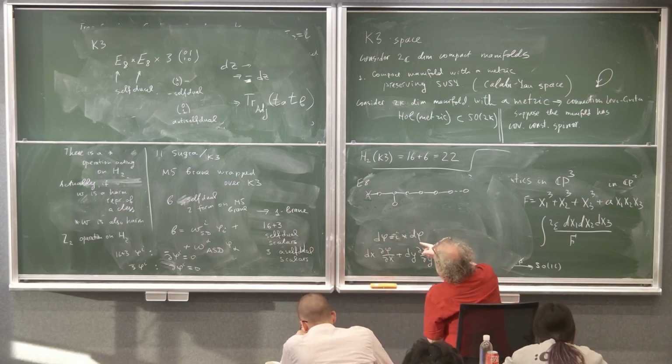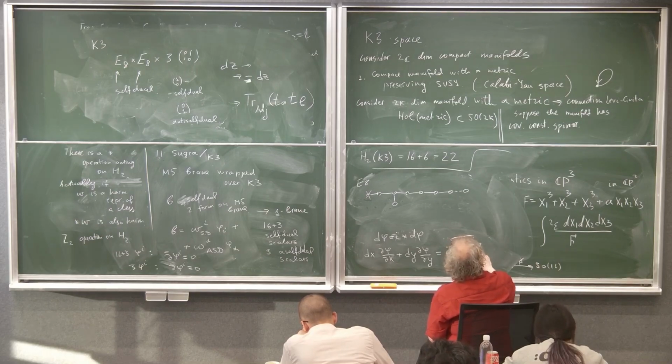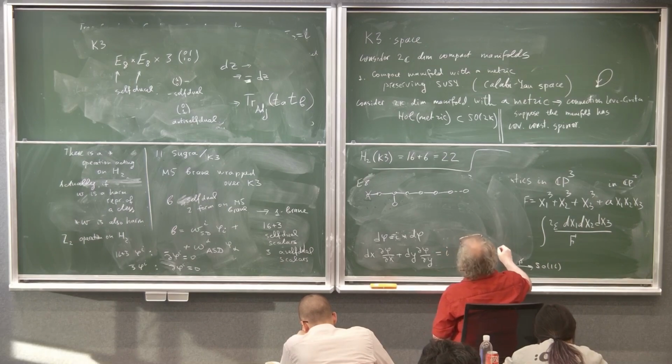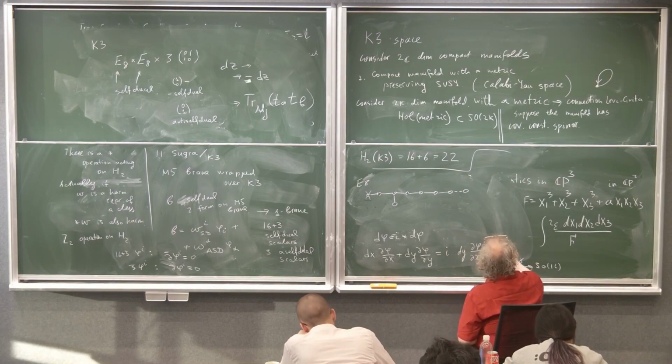Now self-duality is acting on dx, it is dy, minus dx, d phi over dy.